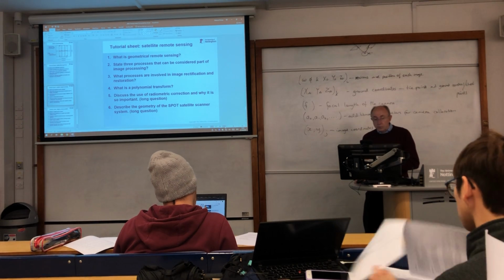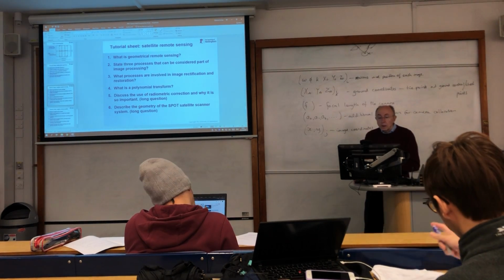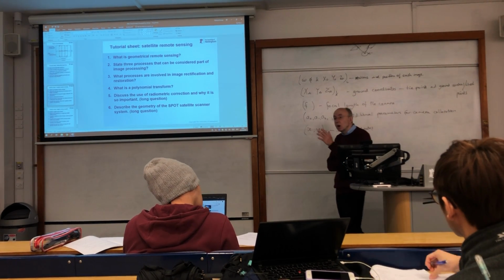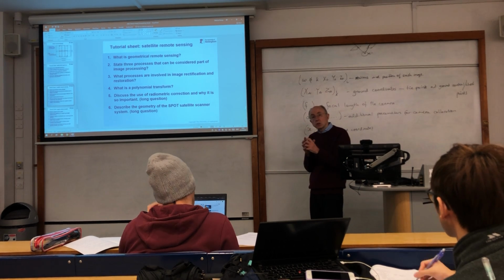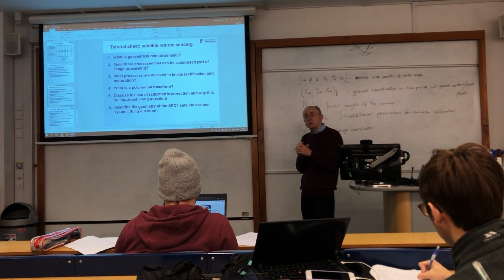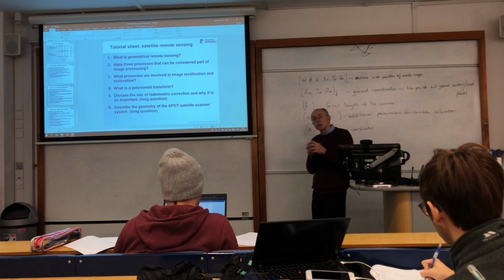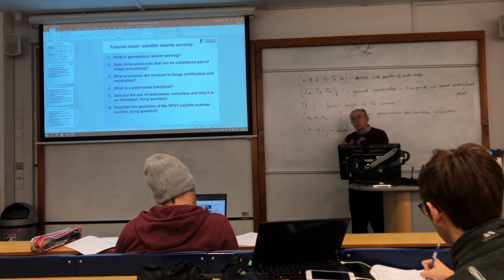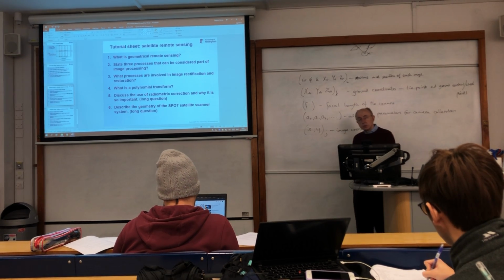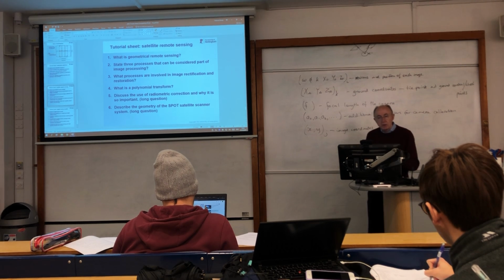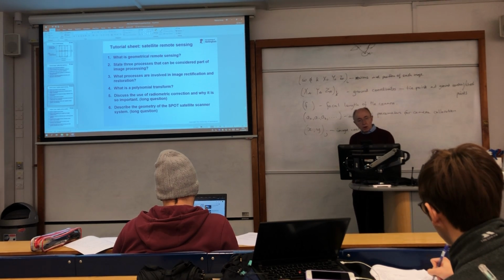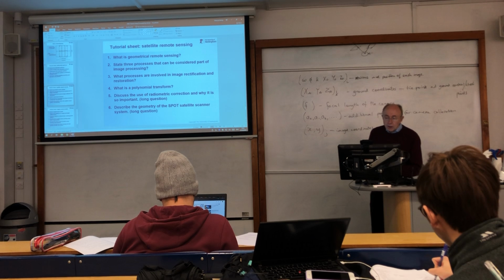Geometrical remote sensing is what I spoke to you about. It's trying to use the images that we get from remote sensing sensors on satellites primarily to produce maps. That's my definition, so I would stick with that.